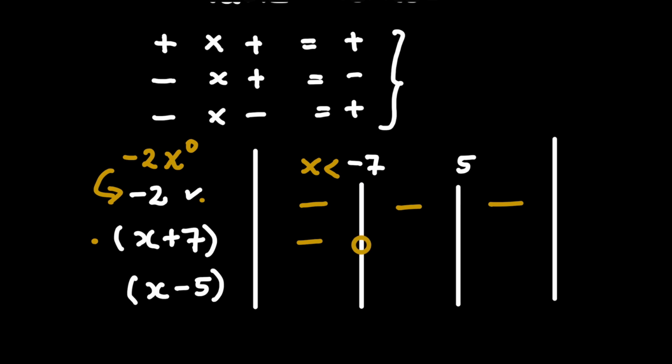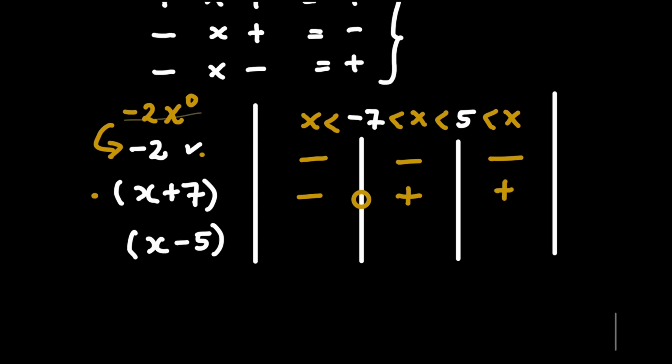And also, any value of x that is less than 5 but greater than minus 7, let's say 0, for example, we'll put it here, we're going to get a positive value. And then any value of x that is greater than 5, and you put it here, we are still going to get a positive value.